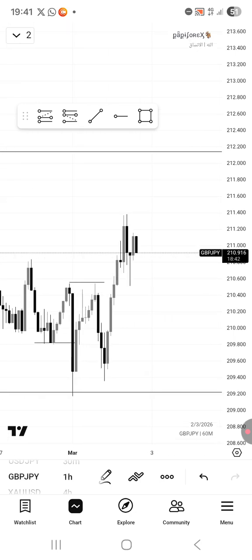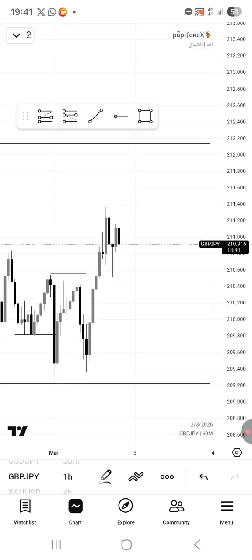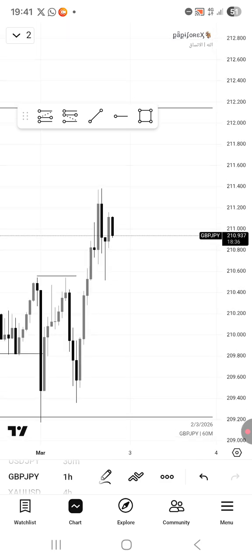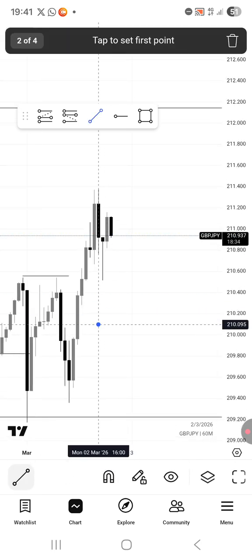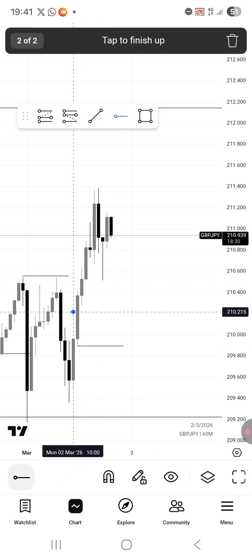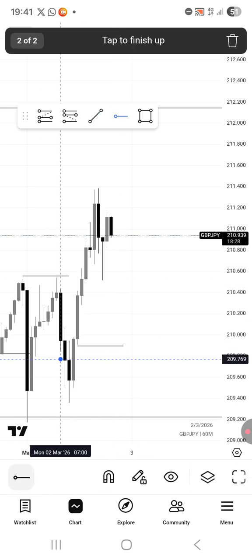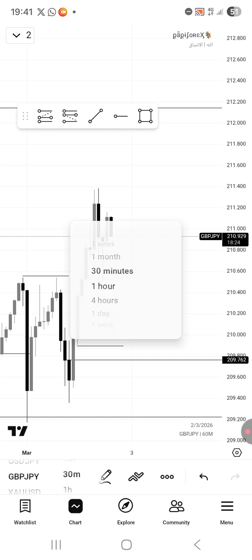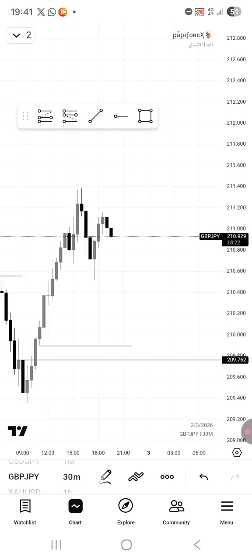So I look for my entry. For my entry, I would love to pick this area as my liquidity area. Then my other block will be at this area. So let me go to my 30 minutes time frame.